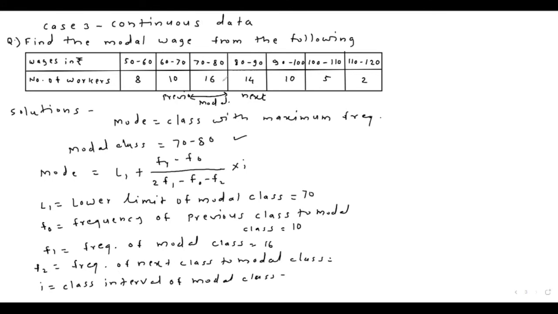The next class is 80 to 90 and the frequency of this class is 14. So that is my F2. Then I have I, which is the class interval. We take the difference between the upper limit and lower limit of the modal class, that is 80 minus 70, which is 10. So the class interval is 10 over here.